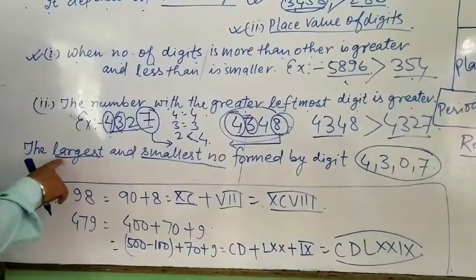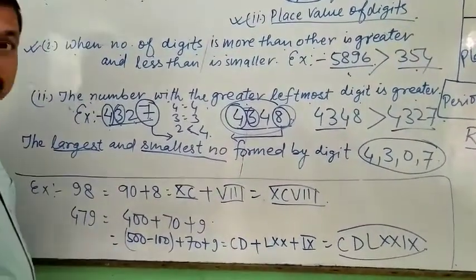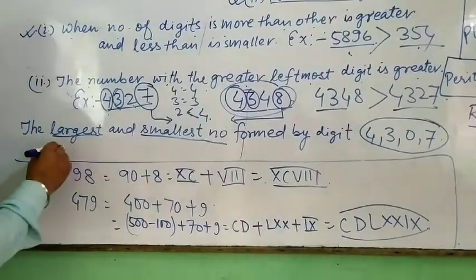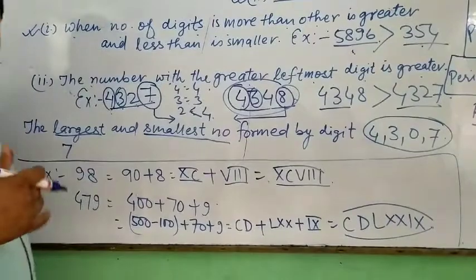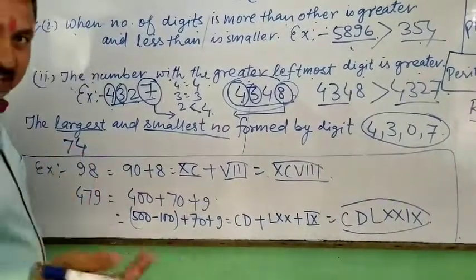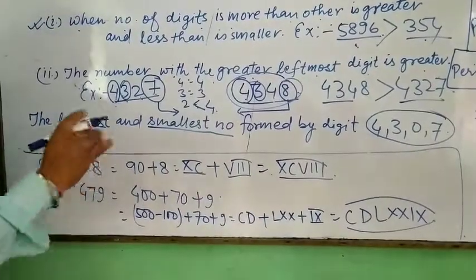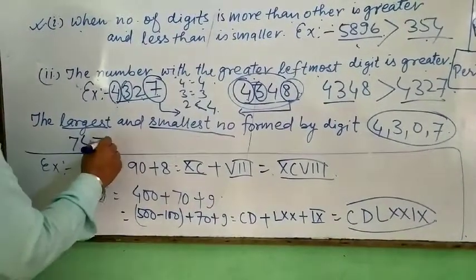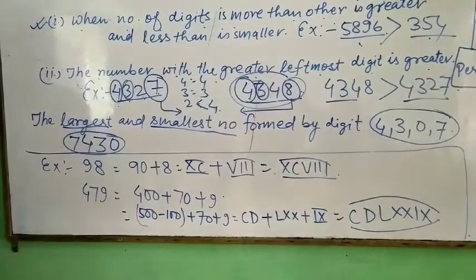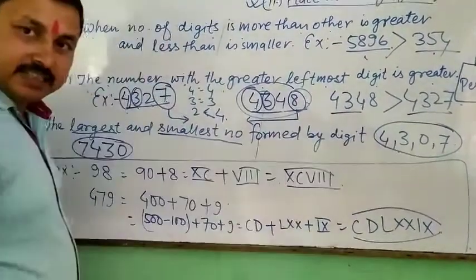In the largest number, we use the largest digit first. So 7, then the second largest 4, then the third largest 3, and last 0. That is the largest 4-digit number formed by these digits.